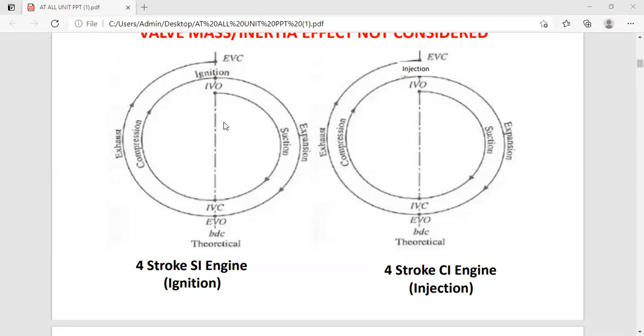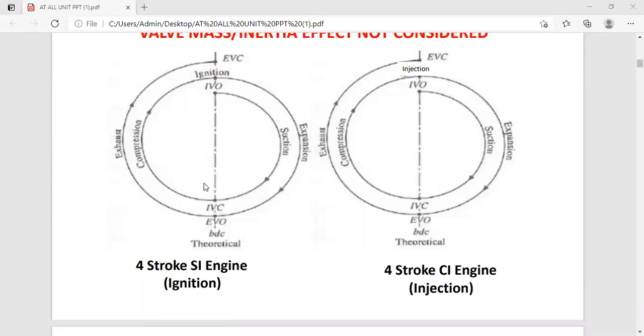The exhaust valve opens 25 degrees before BDC and closes 5 degrees after TDC in case of the slow speed engine. While considering the high speed engine, it opens 45 degrees before BDC and closes 20 degrees after TDC. So these are the opening and closing of the exhaust valve.